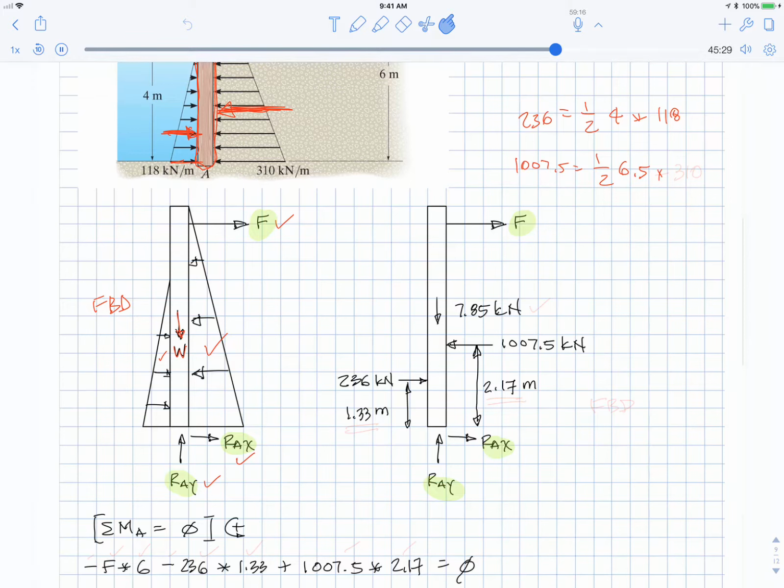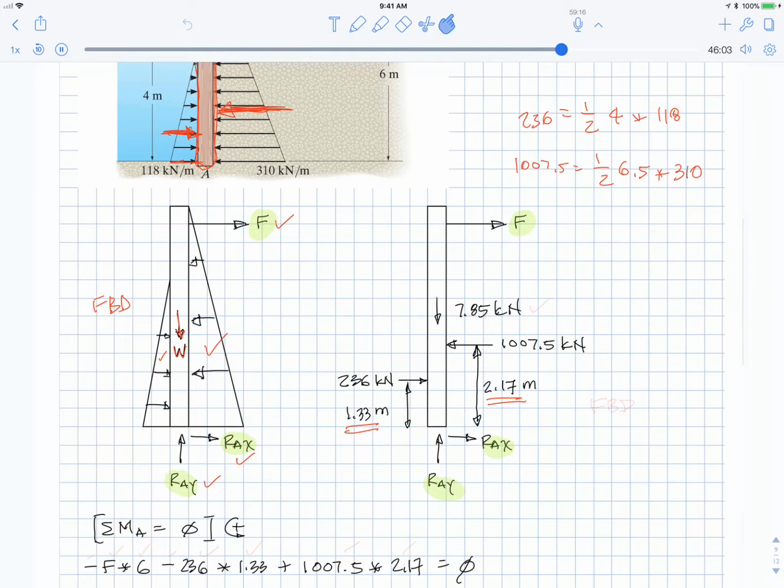Very unfortunate. Times 310 kilonewtons per meter, and that came out to 1,007.5. The other thing about triangular loads is the centroid of a triangle is not at the middle. It's at 1/3 from the high end of the triangle, or 2/3 from the pointy end. And so 1/3 of 4 is 1.33, and 1/3 of 6.5 is 2.17 meters. That's the resultant location of the blue triangle and the brown triangle, respectively.